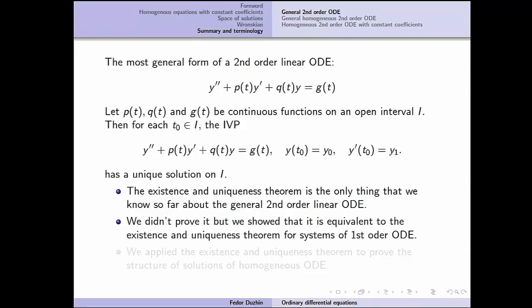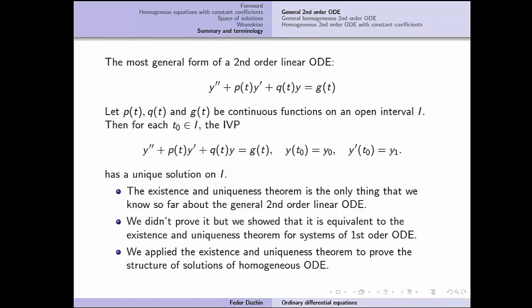The one thing that we didn't explain is the fact that this y of t has the same domain as p of t, g of t, and q of t, right? So that's what I didn't explain at all. So the fact that this happens on the same interval, I didn't explain it.